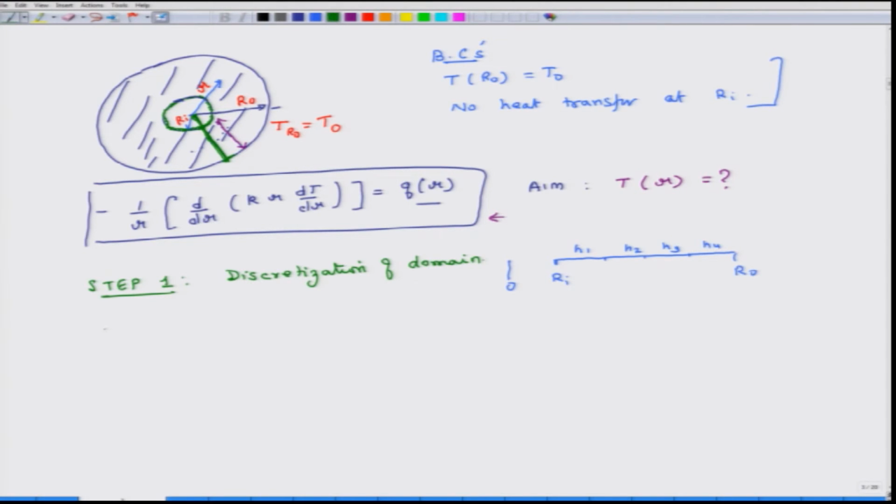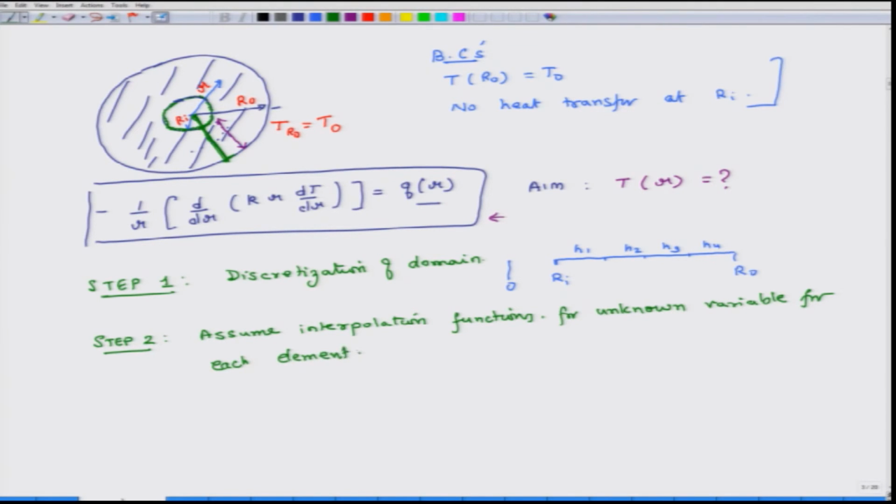The second step, step 2: assume interpolation functions or approximation functions for the variable for each element. What is the unknown variable in this problem?